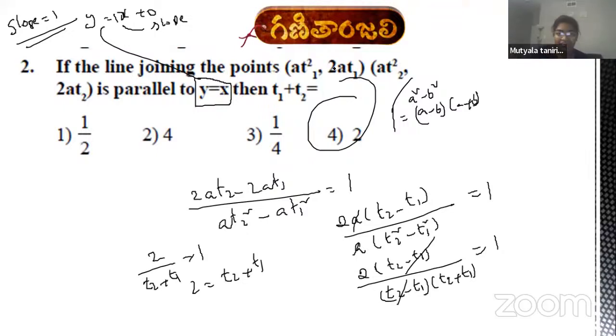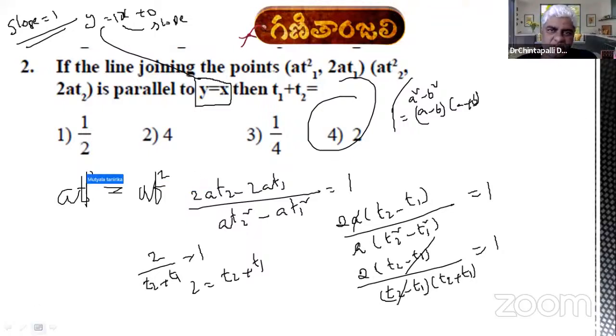I did it in the wrong way, sir, but I got the correct answer. How? I did at1 squared equals at2 squared.